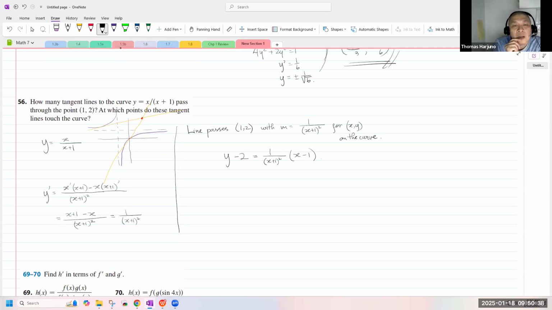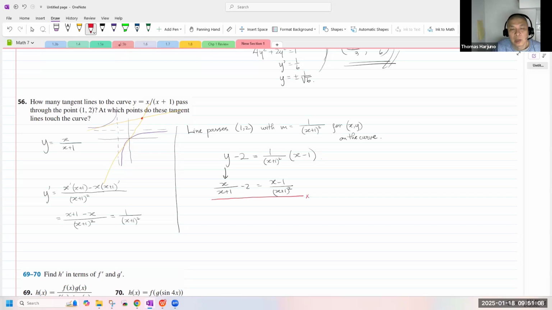On the other hand, the x, y here is on the curve, so y is a function of x. This is x over x plus 1 minus 2 equals this. That's the equation we need to solve. Let's multiply the left hand side and right hand side, because that's a rational equation.